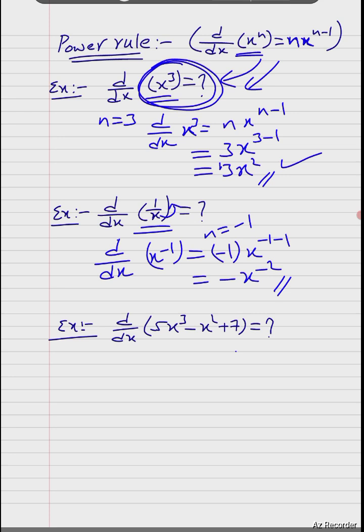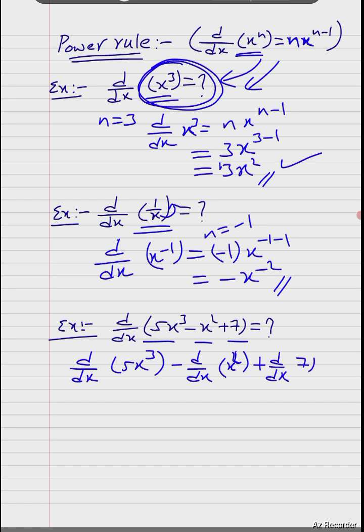Now what is d by dx of 5x cube minus x square plus 7? Here we have to apply the power rule to the individual terms. This can be split into d by dx of 5x cube minus d by dx of x square plus d by dx of 7.